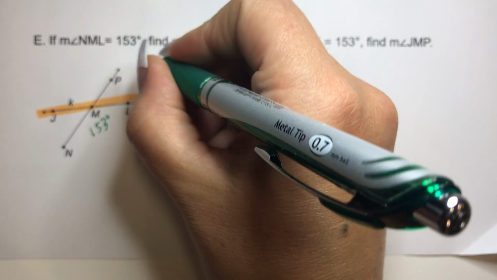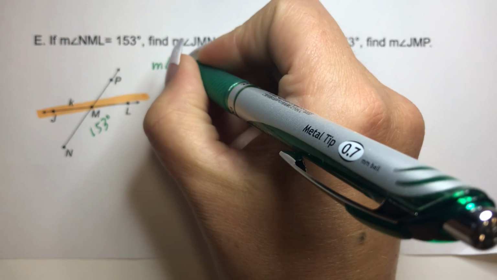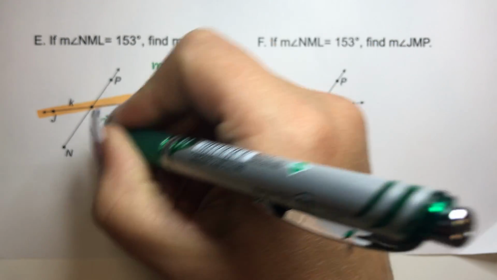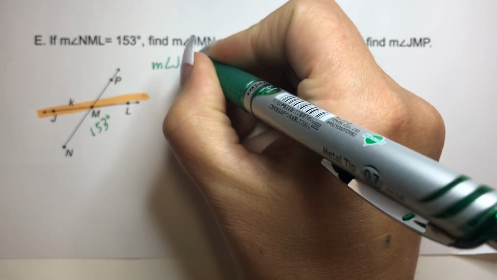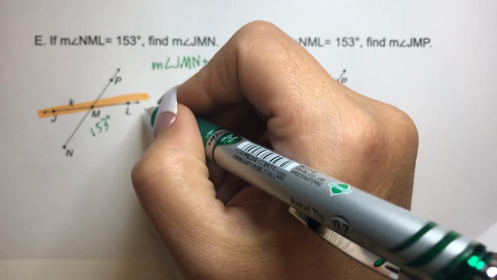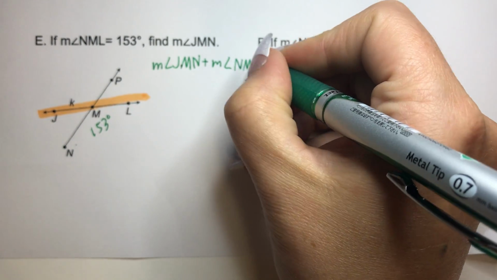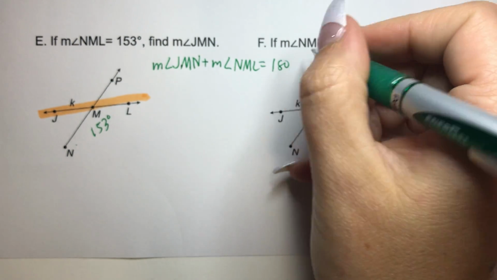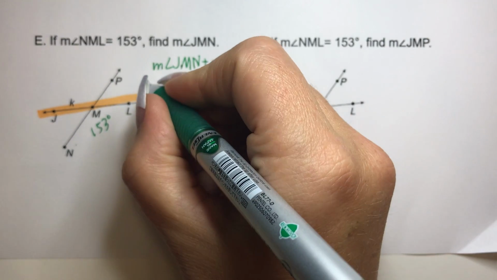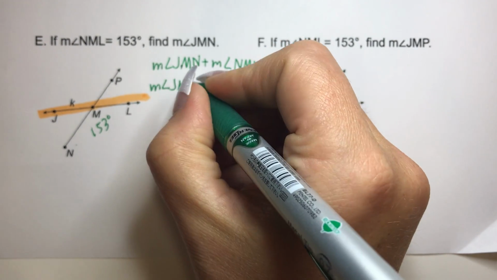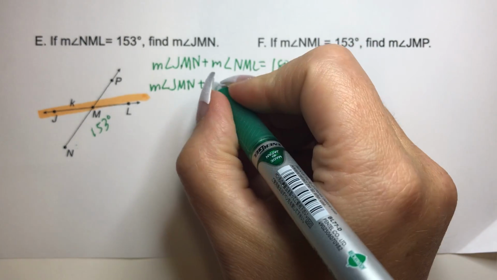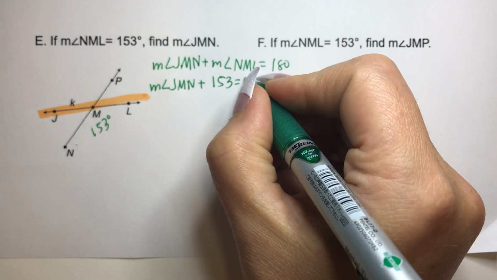So I'm going to say that the measure of angle JMN plus the measure of angle NML equals 180. All right, I'm going to substitute. I don't know what JMN is, so I leave that as is. But I know NML is 153 degrees, so I can substitute that in.